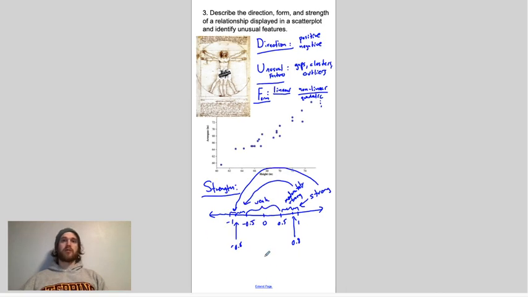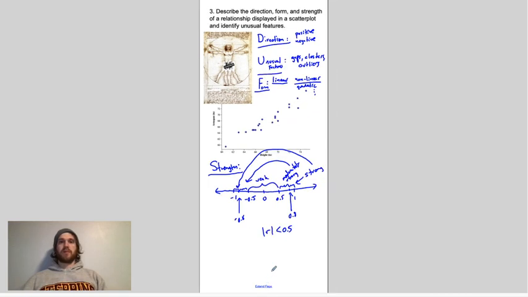So put algebraically, if the absolute value of r is less than 0.5, this is going to be weak.